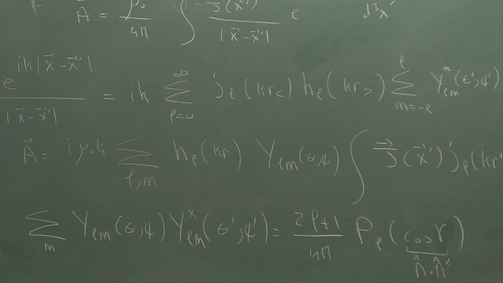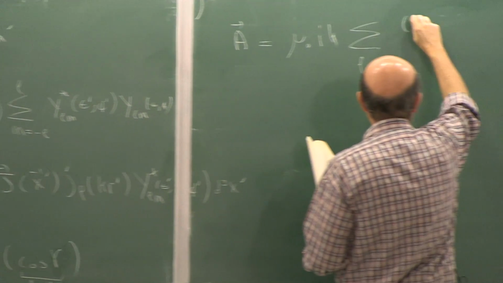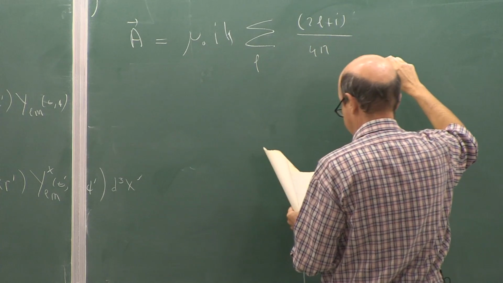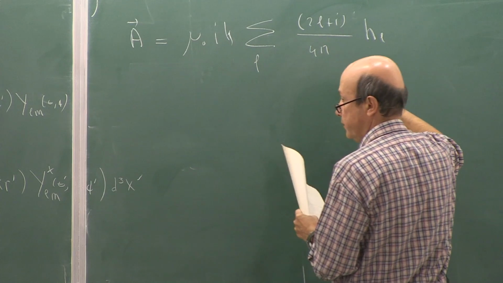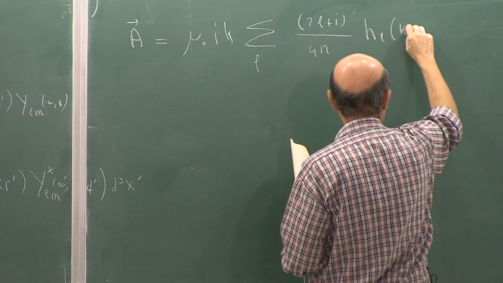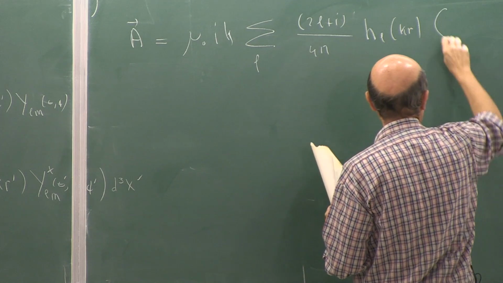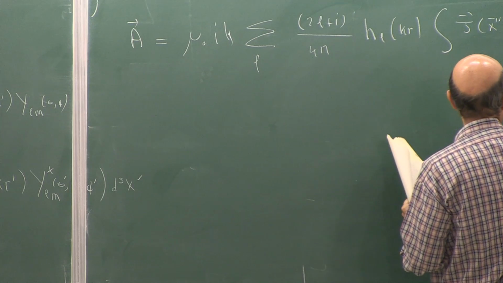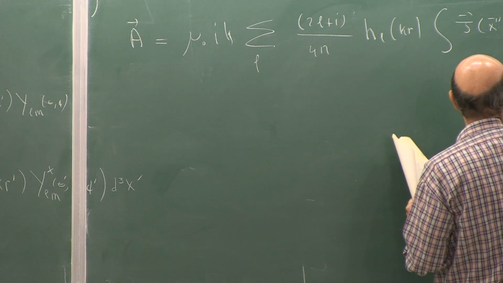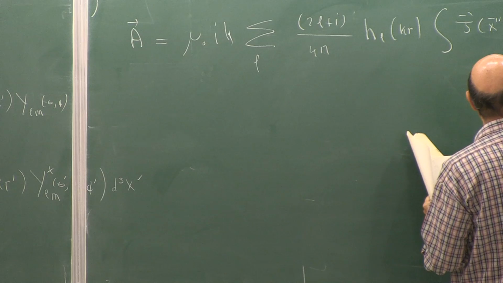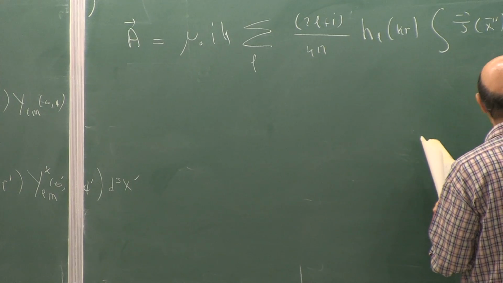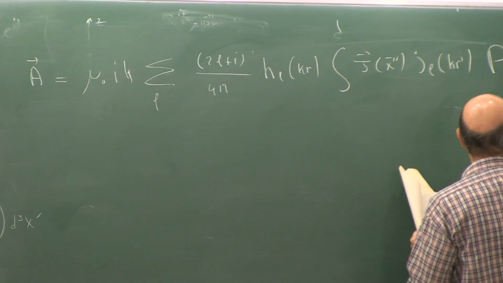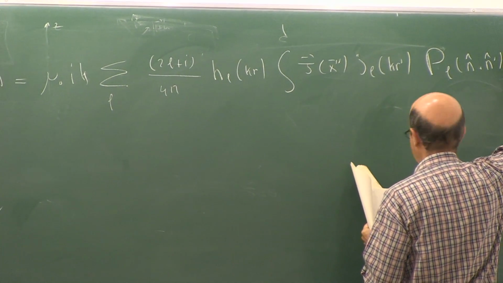So the summation over L, (2L plus 1) over 4 pi, h_L(kr), the current density J, the spherical Bessel function j_L(kr prime) times P_L(n dot n prime) d cube x prime.